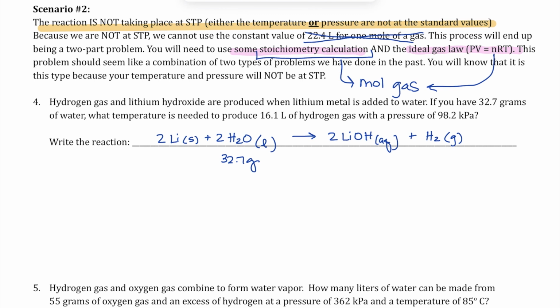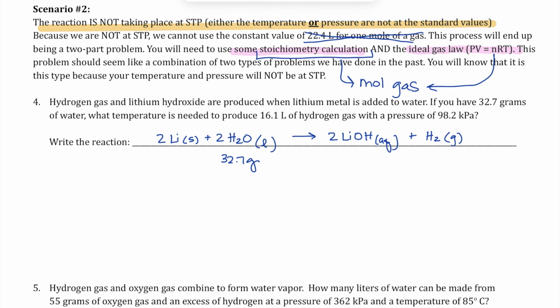Anytime we are given temperature and pressure information, it applies to everything in our reaction, but it only impacts the gas. And so I'm going to just list those under the gas.